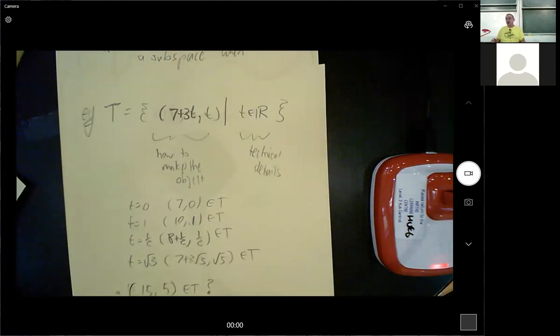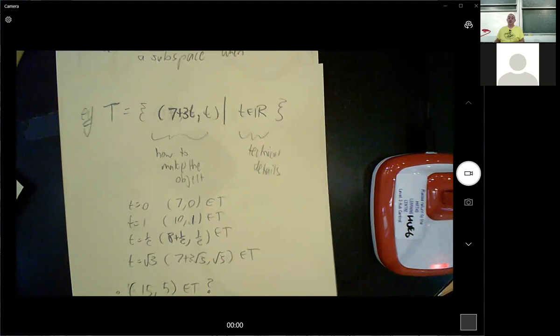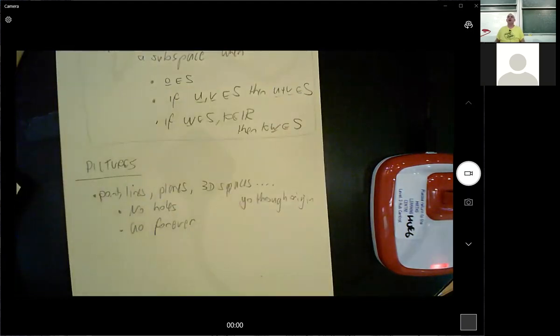And you go, well, it's a line, it doesn't pass through the origin. No, it's not a subspace. That's it. It's the wrong shape. Well, I mean, it's the right shape, it's in the wrong place. In fact, a line that's not through the origin is the worst kind of not subspace, because it breaks all of the rules all the time.